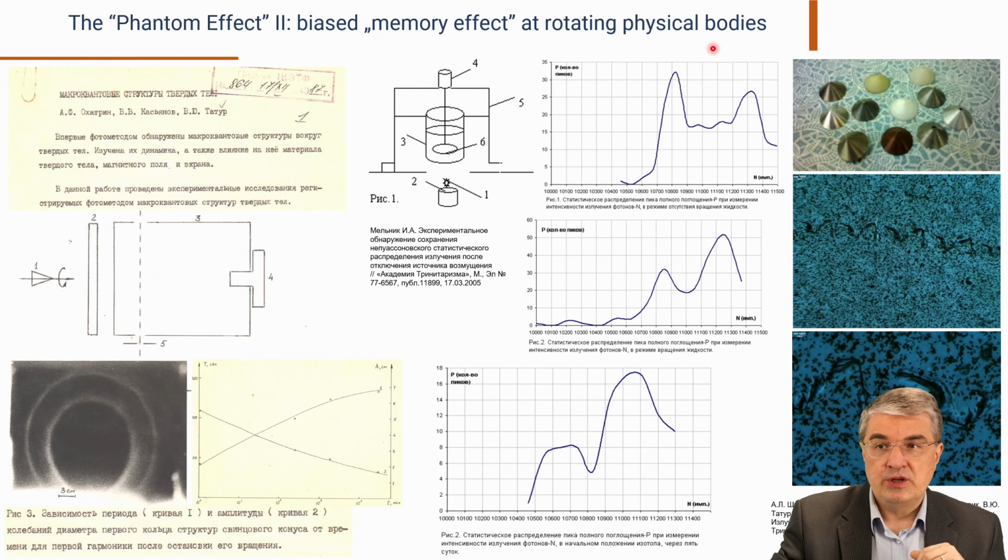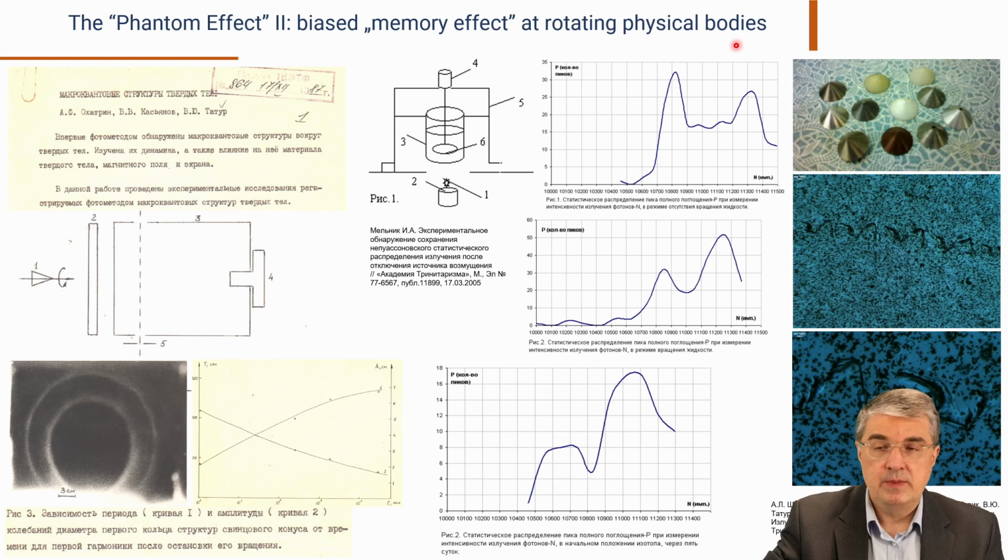An interesting variation of the memory effect is related to rotating physical bodies. This is not my first time giving a talk about the phantom effect, and every time I receive new feedback about new appearances of that phenomenon. This slide was suggested by a public discussion.